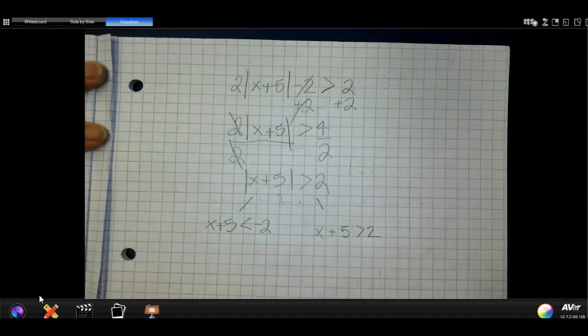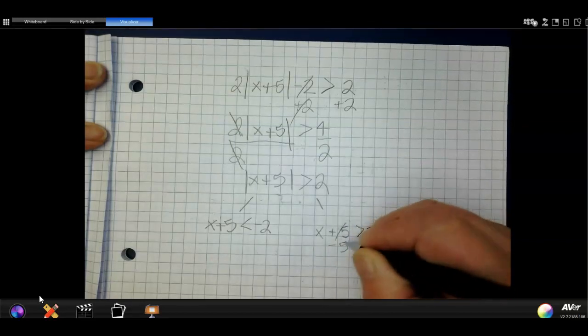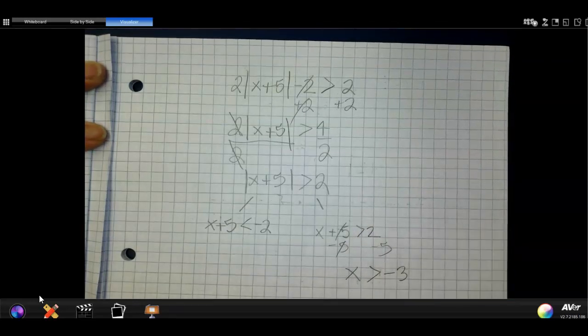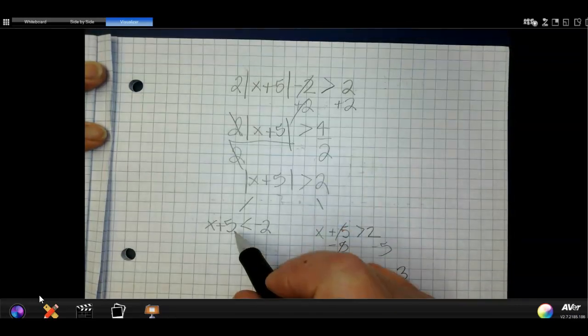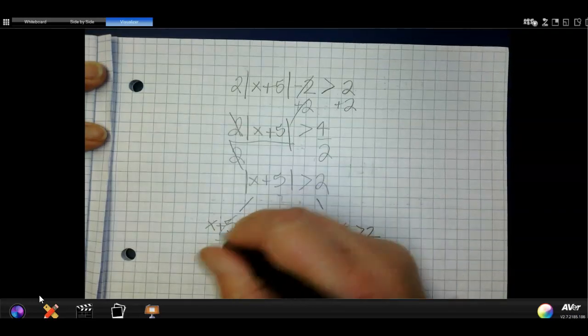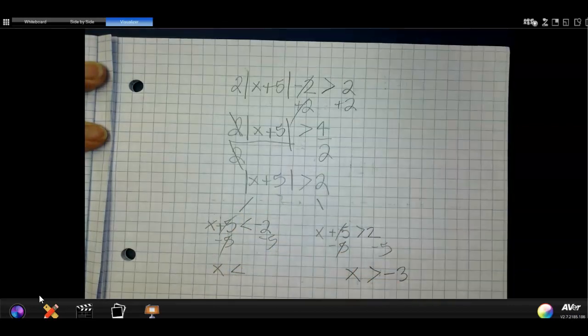So let's solve this. Subtract 5 from both sides. X is greater than negative 3. Okay? Here, let's take a look at this. Subtract 5 from both sides. X is less than negative 7.